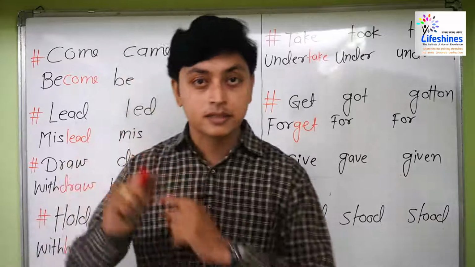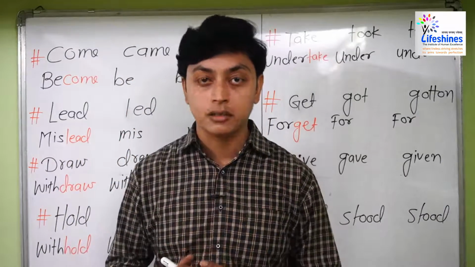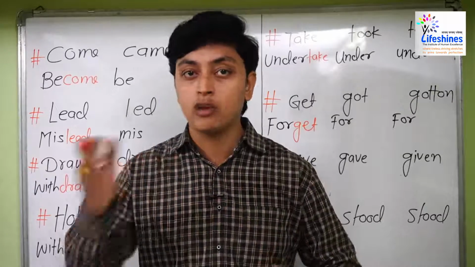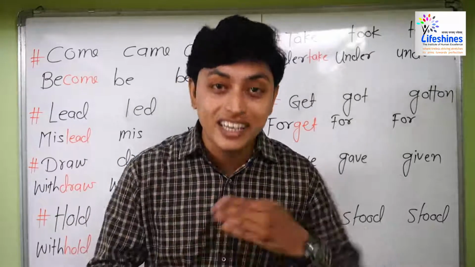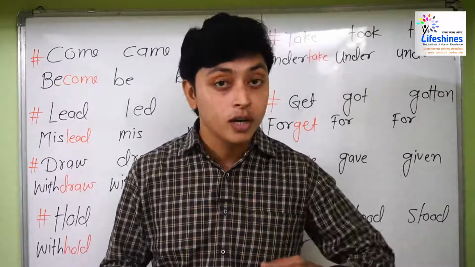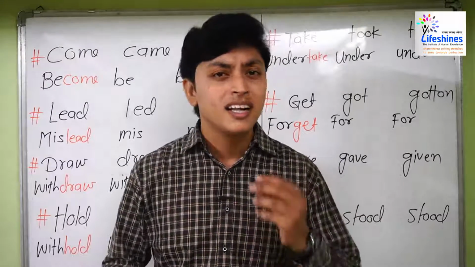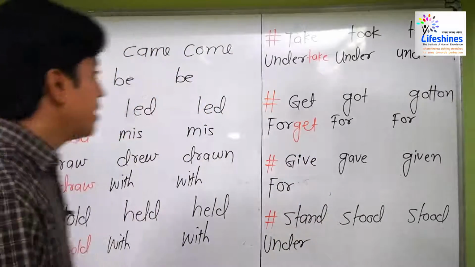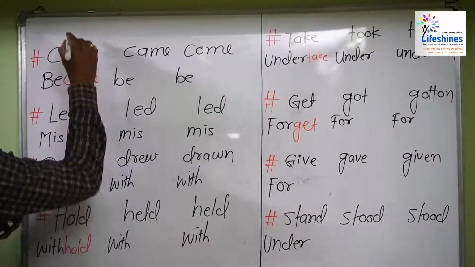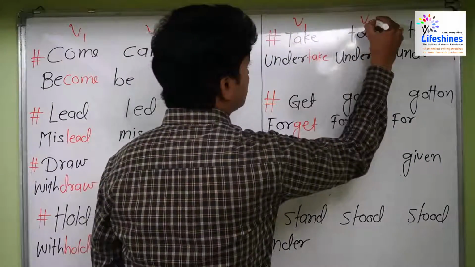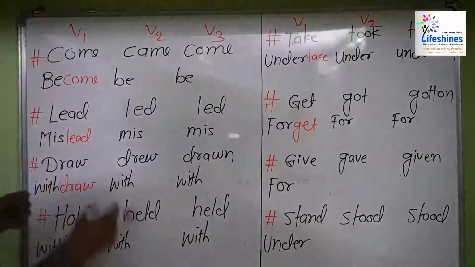So guys, this is the second type of pattern. If you know the second and third form of a few irregular verbs, it will become very easy for you to get the second and third form of some more irregular verbs. How? Look at this. First off, what is V1?